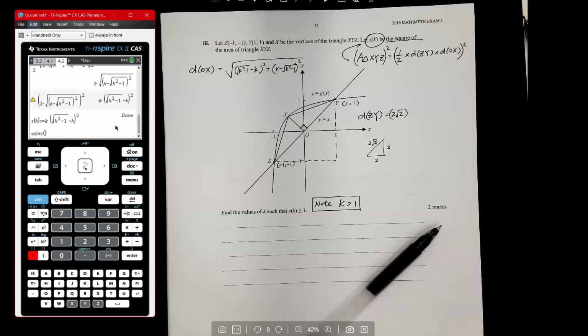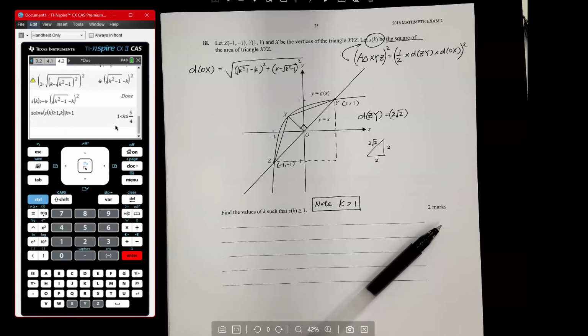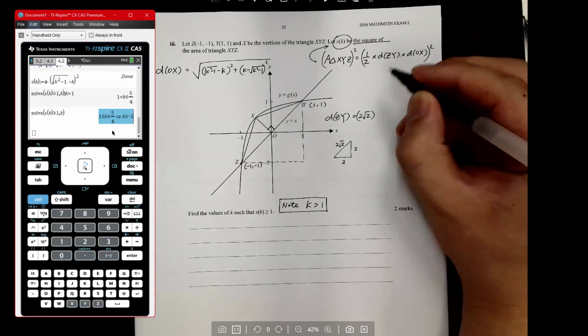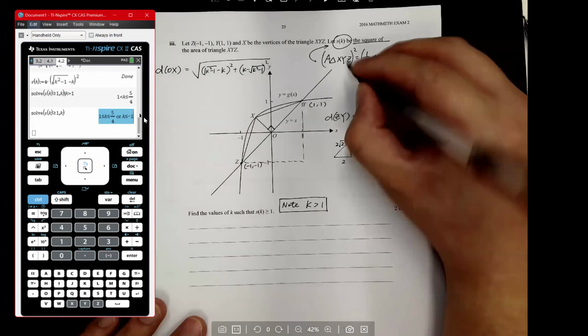Okay, I would like to solve S of K is greater than or equal to 1, for K. Notice that K is greater than 1, so you get this domain restriction. If you don't put, let's say, k is greater than 1, you most likely get 2 sets of values, but you don't want to include the 1 here. So you have to get a correct expression.